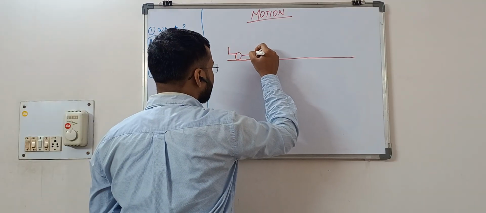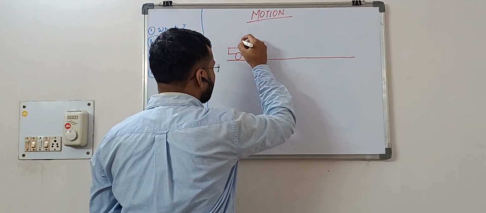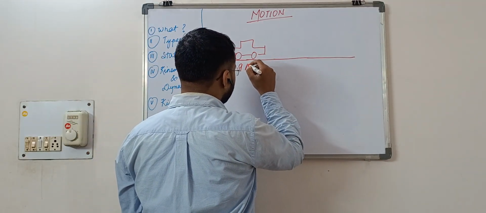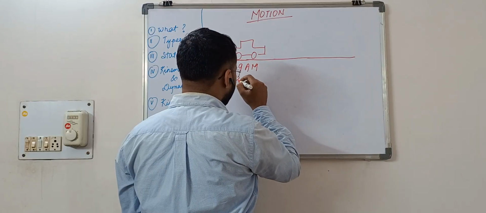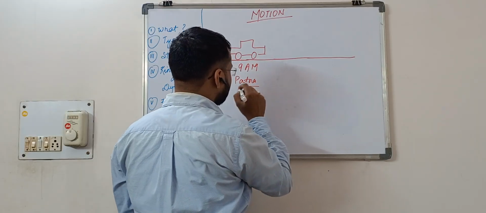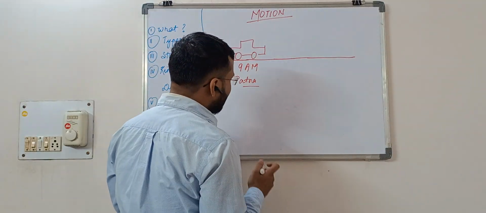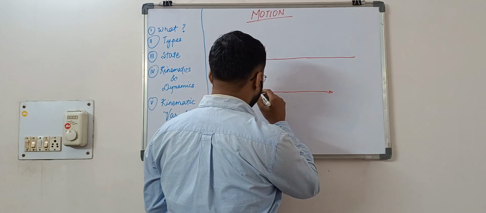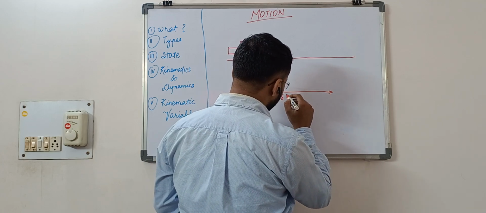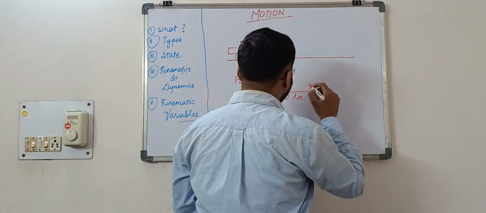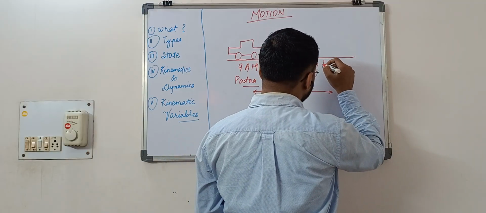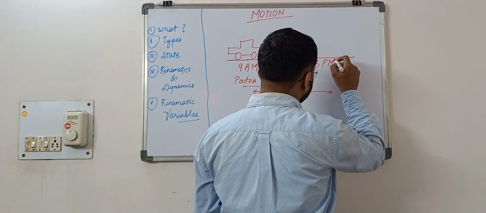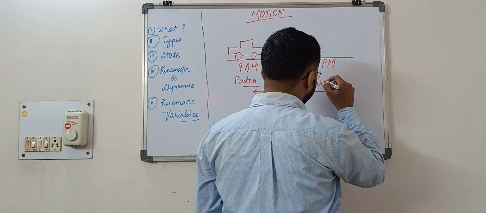Suppose there is a car which is at Patna at 9 a.m. After that, it starts moving. It covers a distance of around 260 kilometers, and we can say that it does it in 6 hours, and it reaches Varanasi.